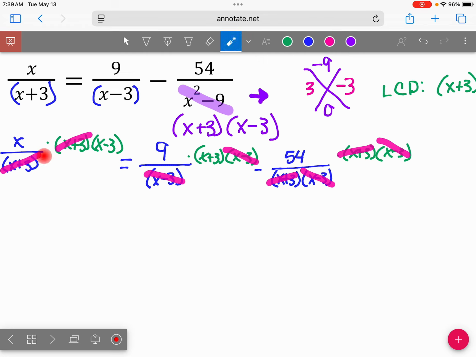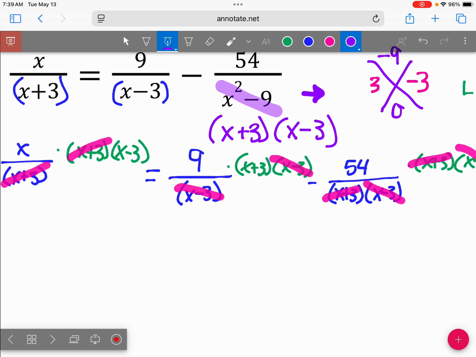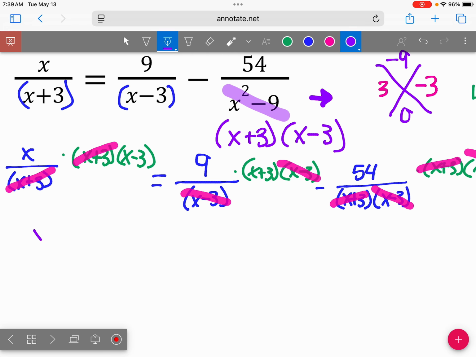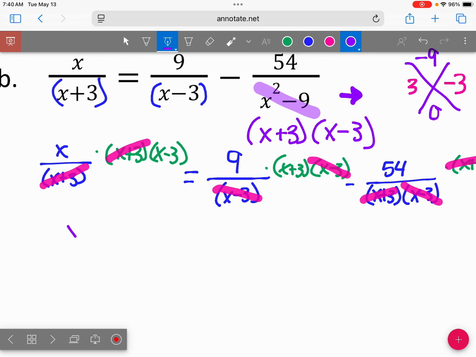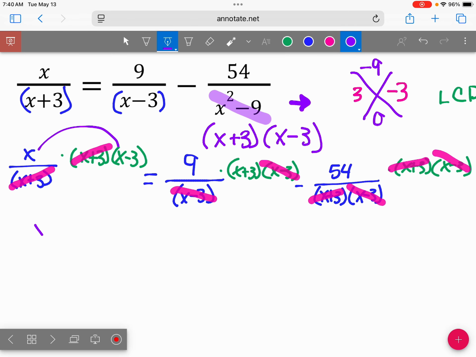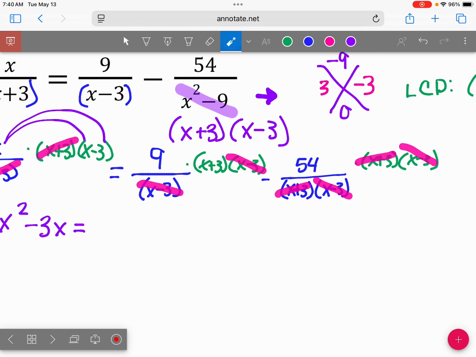We're going to be left in this left spot with my x times x minus 3, which I'm going to multiply out. My x times x and my x times minus 3. So we're going to have x squared minus 3x equals, here we're left with our 9 times x plus 3.